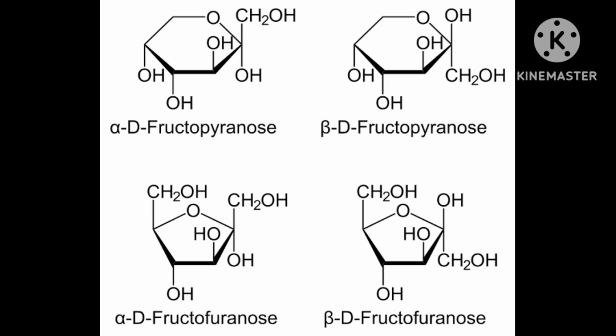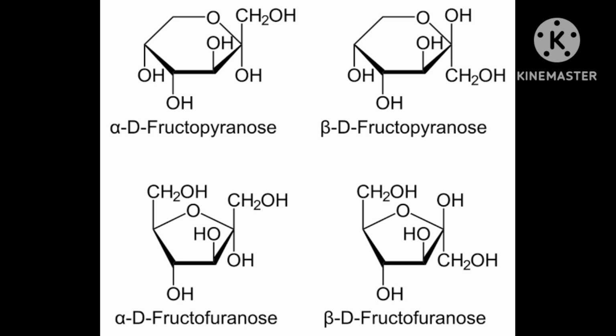But in furan, in the same way, the oxygen is on top, and oxygen and carbon are joined with a single bond. Carbon number 1 and carbon number 4 are joined to oxygen with single bonds. Then carbon number 1 and carbon number 2 have a double bond. Correct? And 2 and 3 is a single bond, and 3 and 4 is a double bond, again coming in front of each other.